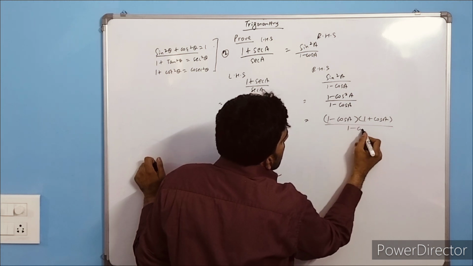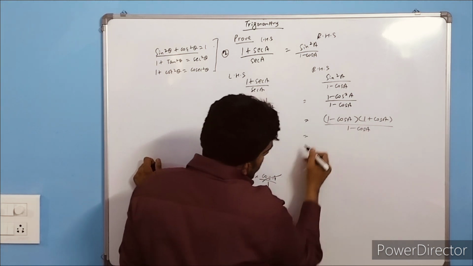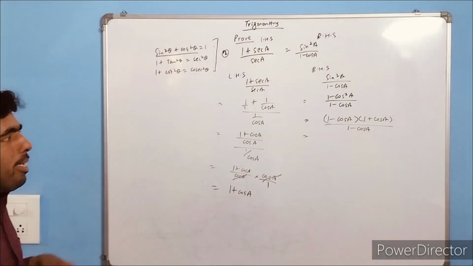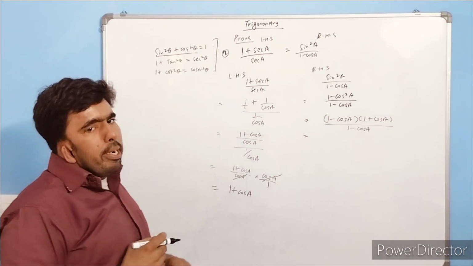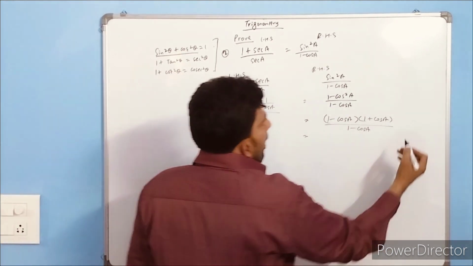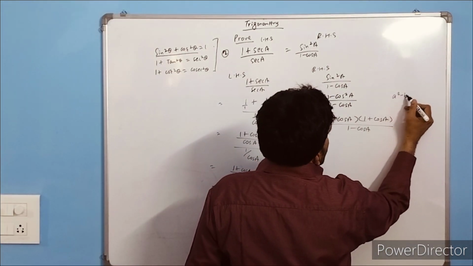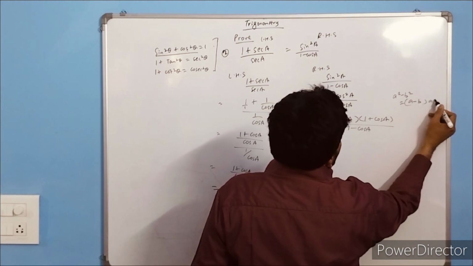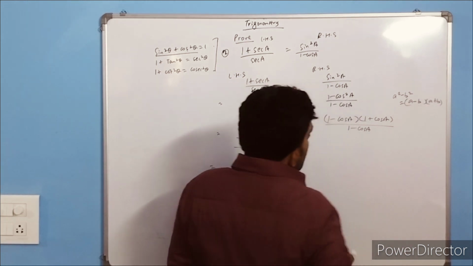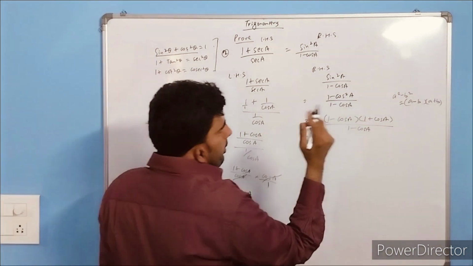Now 1 minus cos A cancels, because I have used an identity which we have learned previously in earlier classes. 1 minus cos square A is A square minus B square. Here I can write A square minus B square is equal to (A minus B) into (A plus B). Done. So now I have used this identity.